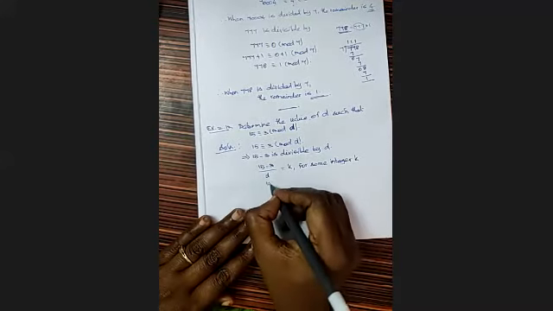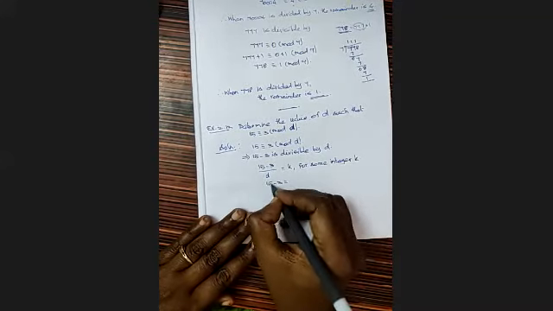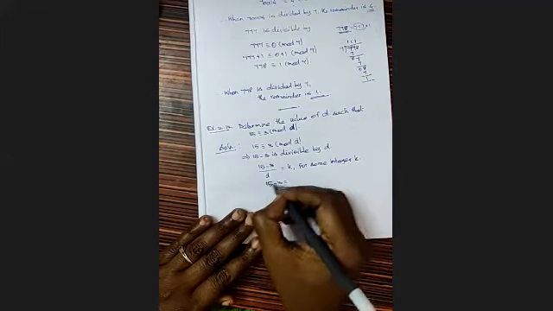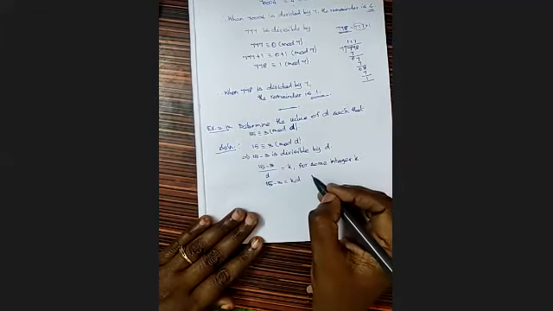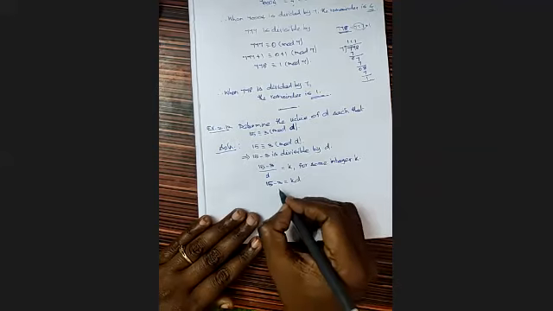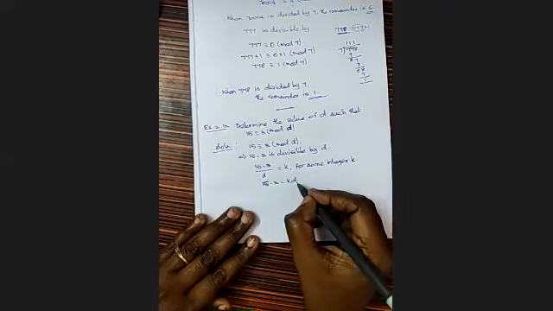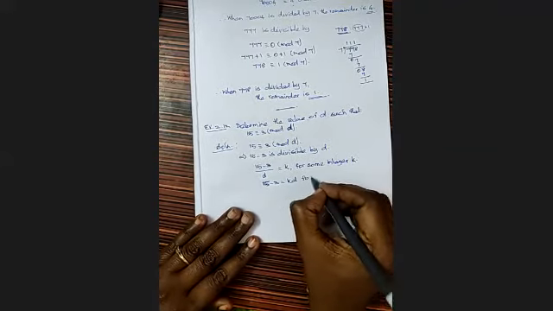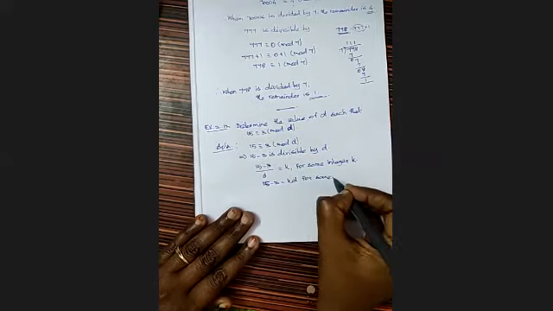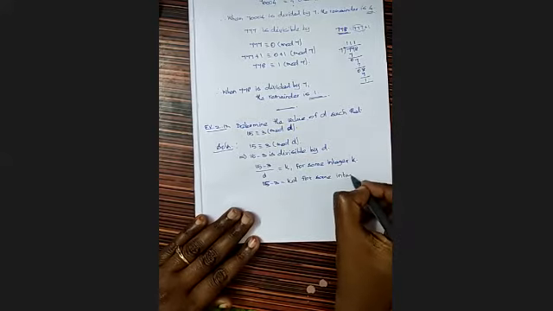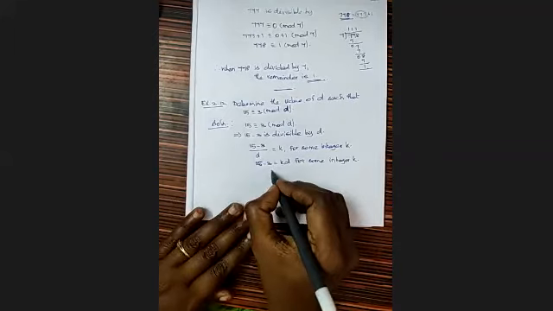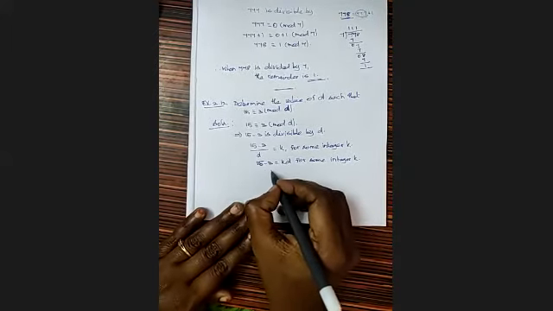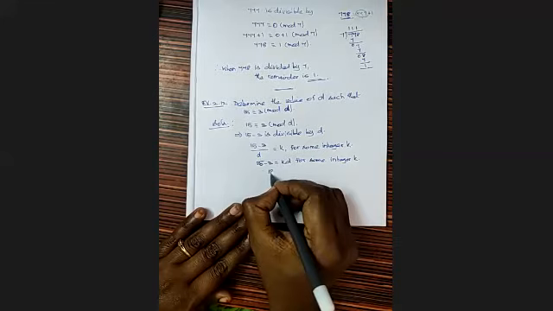That is, 15 minus 3 equals KD for some integer K. What is 15 minus 3? 12.